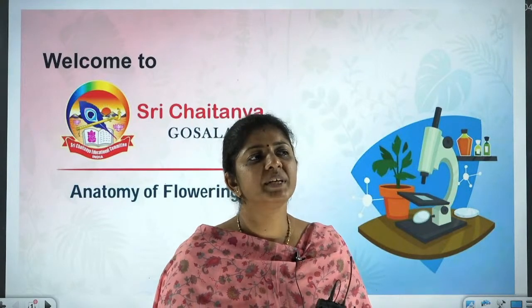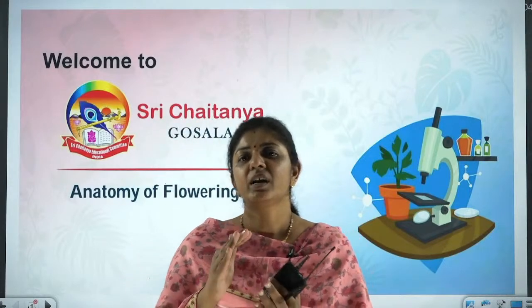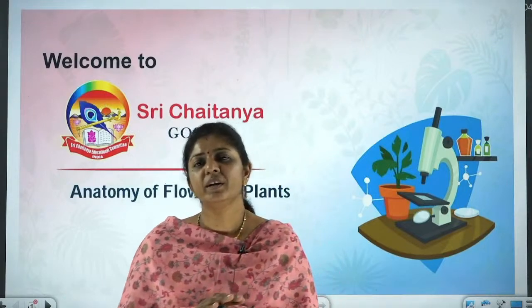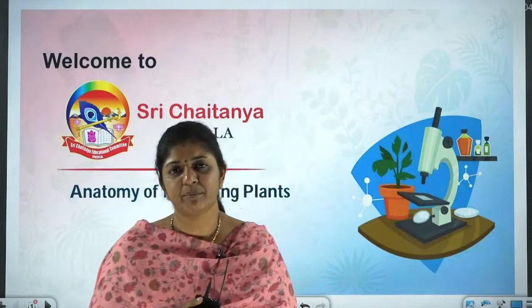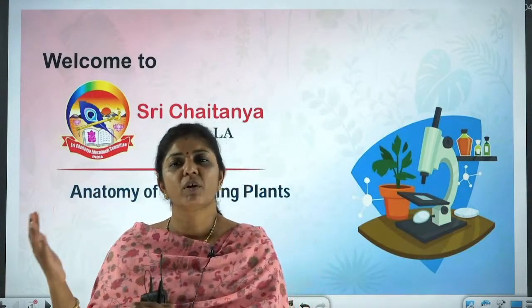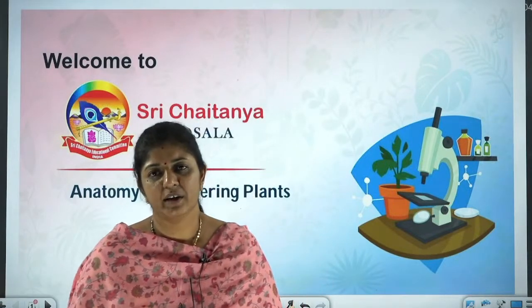Not in stem, the stem has the endarch condition. Are you getting that? Xylem and phloem, their arrangement, two types we discussed. Radial in the case of root, conjoint open in the case of dicot stem, and closed conjoint in the monocot stem, and in the leaves, whether monocot or dicot, right?